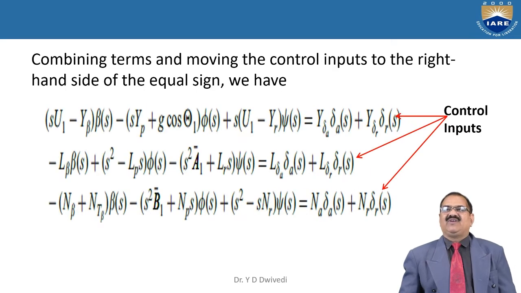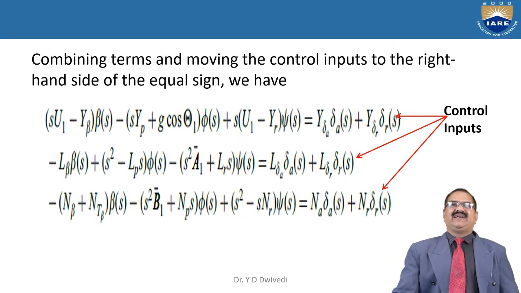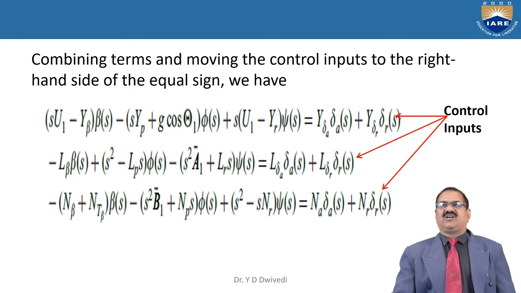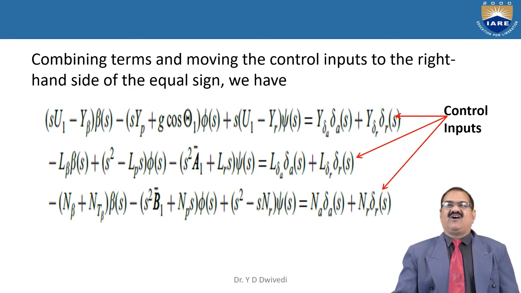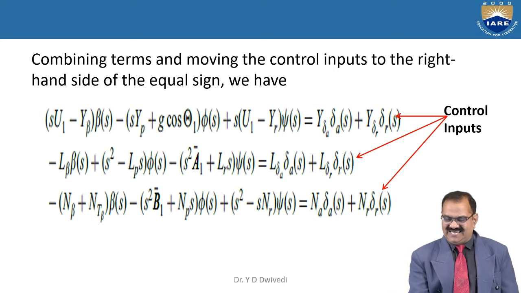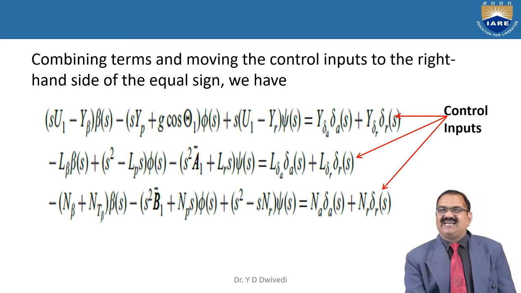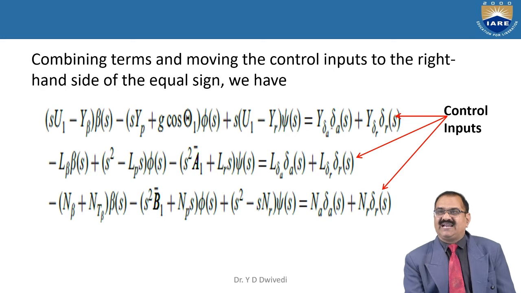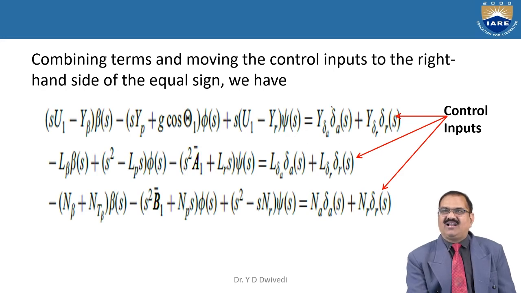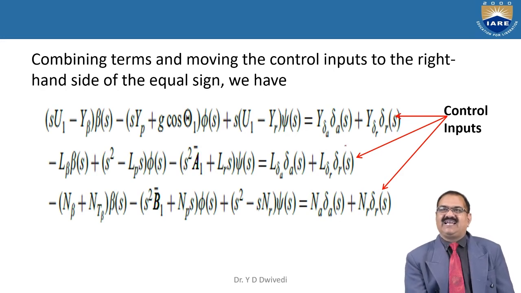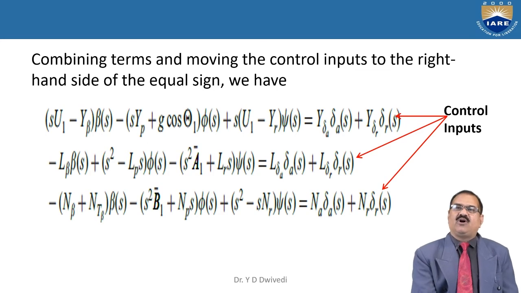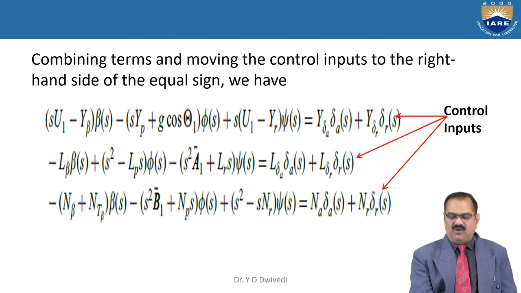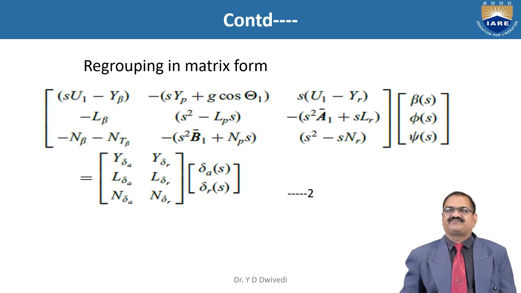So we have got here, combining terms and moving the control inputs to the right hand side of the equal sign, these y delta a delta as plus y delta r delta r. These all are the control inputs. You see, delta a is control, delta r is control. All the controls we have made to the right side, and non-control items we have made in the left side. And so we got these equations.